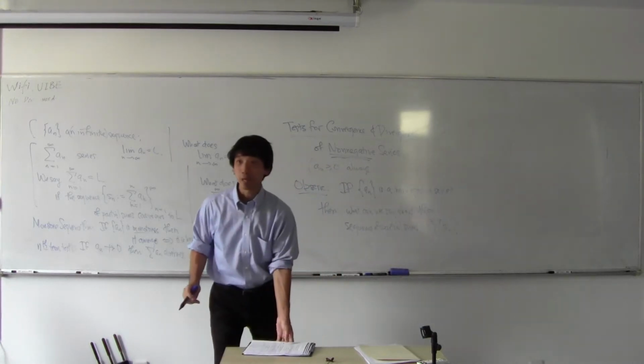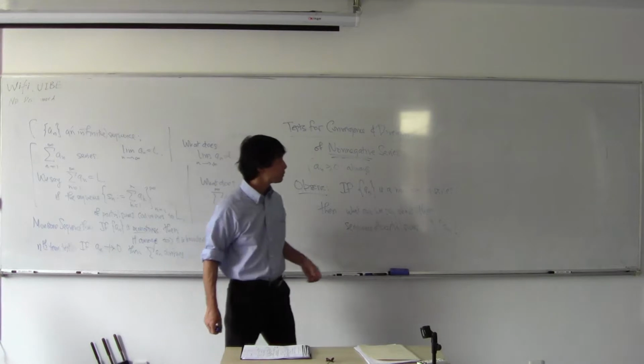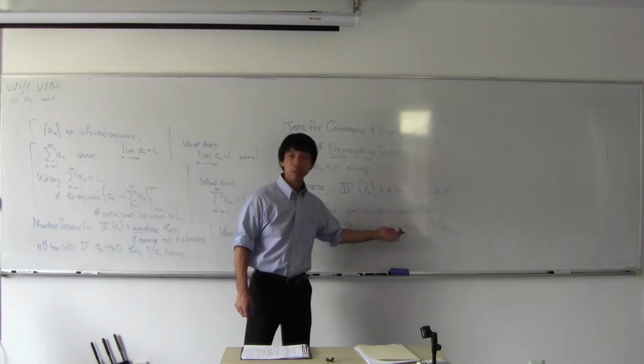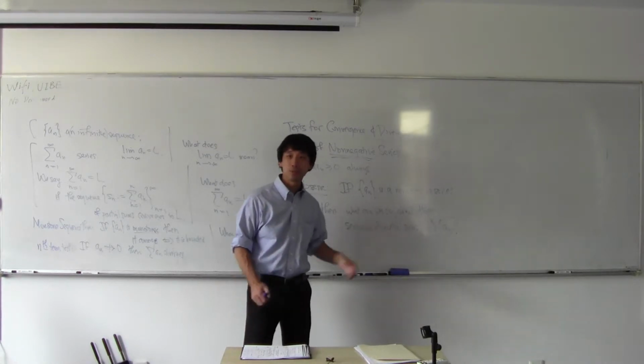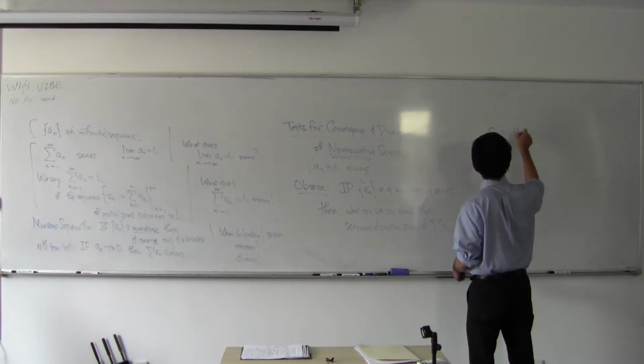Okay, I just want you to make an observation. Suppose all your numbers are non-negative. Then you look at the sequence of partial sums. Remember what the sequence of partial sums is. It's just you sum part of it.